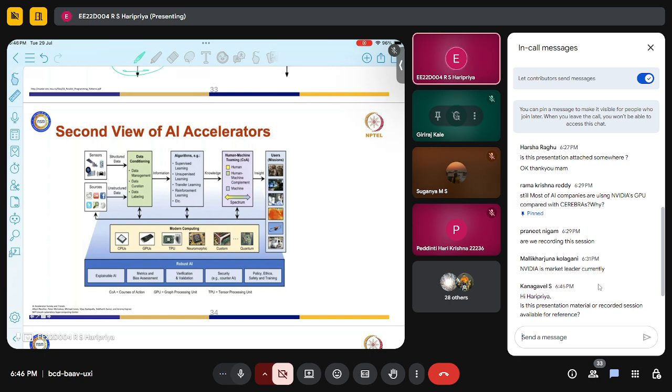Next, still most of the AI companies are using NVIDIA's GPU compared with Cerebras. NVIDIA offers some coding frameworks that you can use. Say for Google TPU, you can use TensorFlow Lite to accelerate your design.